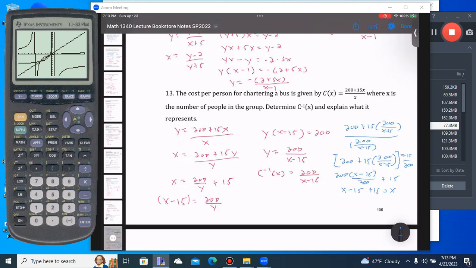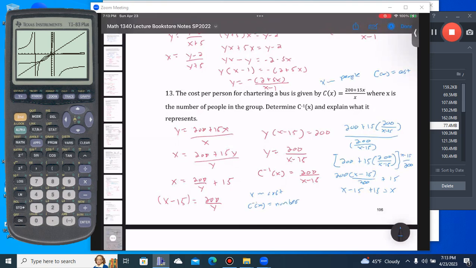Okay, well, think about what x is. x in the beginning is the number of people. And C of x is the cost. And when we reverse it, we're reversing what things are. So in the new one, x is the cost, and C inverse of x is the number of people.